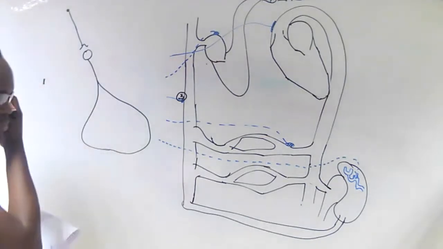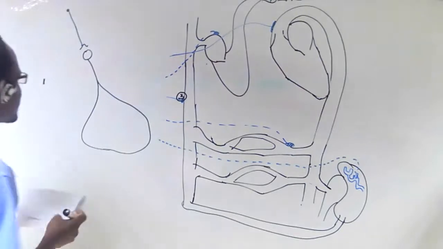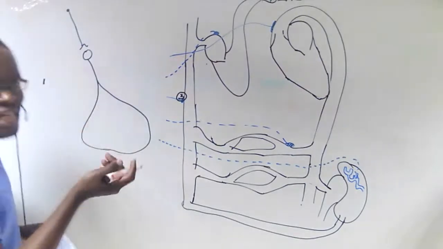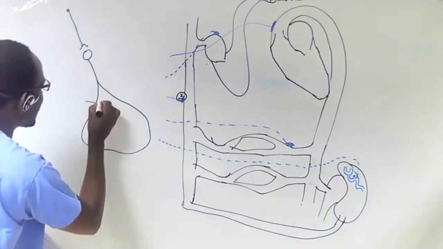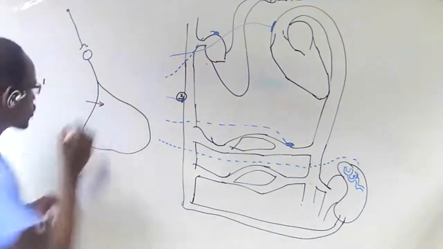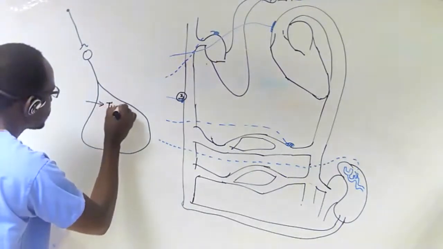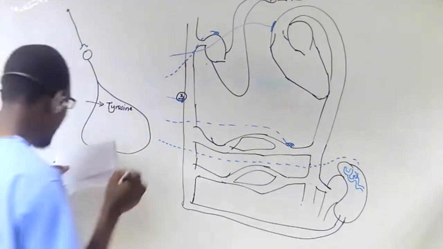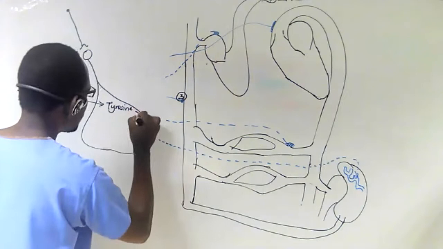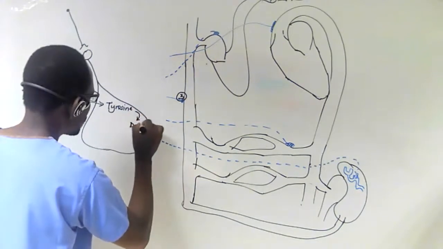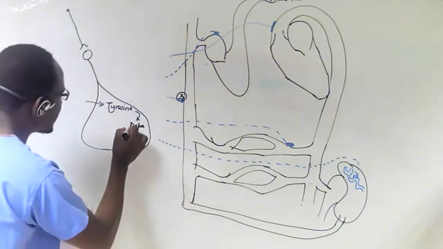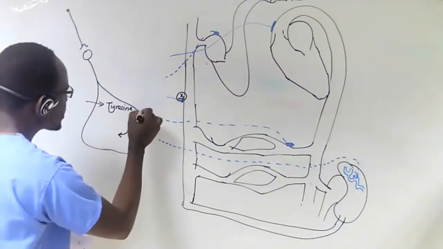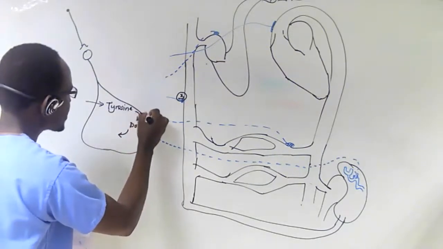So what actually happens is that, as we had said earlier on, these neurons concentrate tyrosine, which is converted into dopa. The enzyme here is tyrosine hydroxylase.